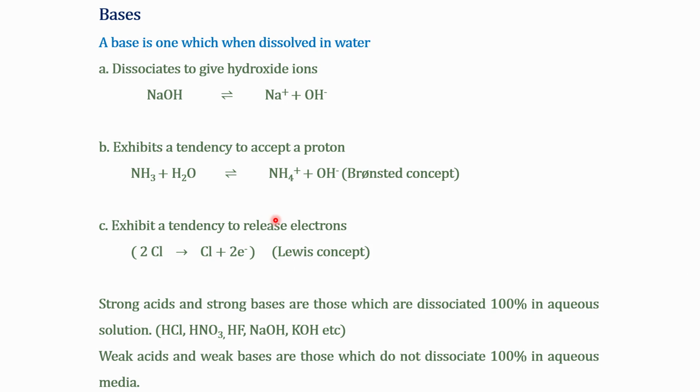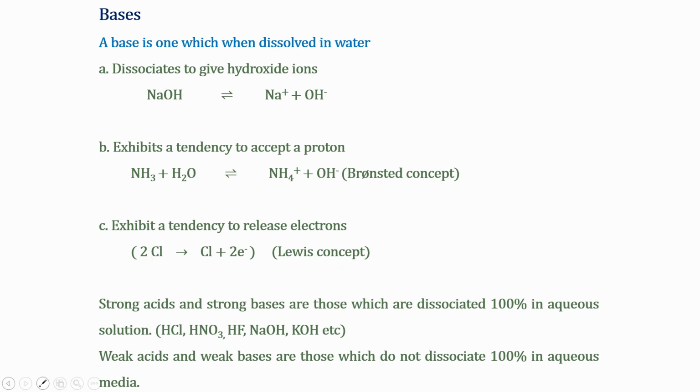Strong acids and strong bases are those which are dissociated 100% in aqueous solutions. We are going to define what is a strong acid and what is a strong base. Some acids are strong, some acids are weak acids. For example, hydrochloric acid, nitric acid, they are all very strong acids. If they fall on your hands they will burn.